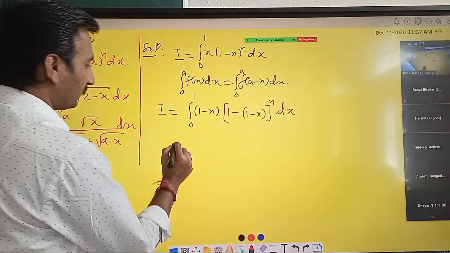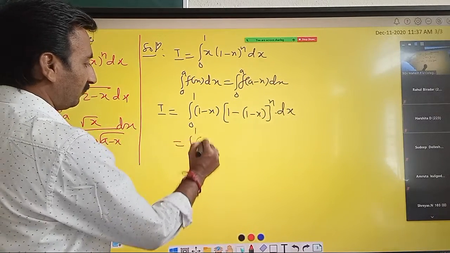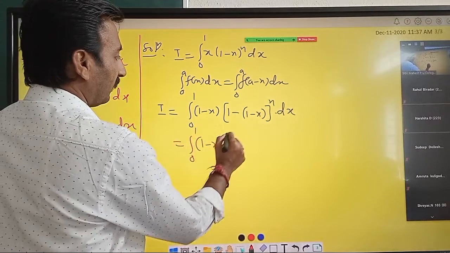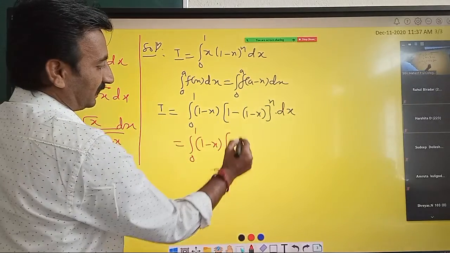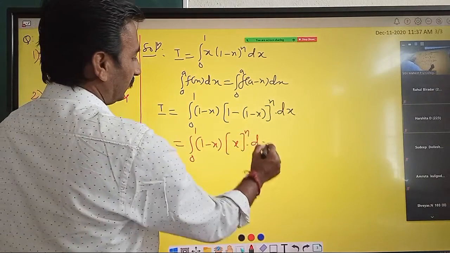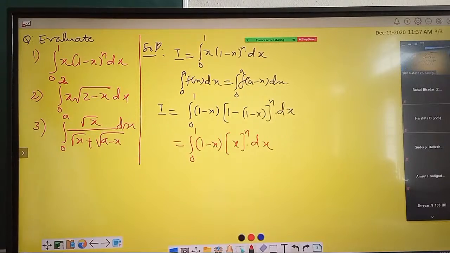Now look at this, this is integration from 0 to 1 of 1 minus x. Look at this, 1 minus 1 cancel, this is minus of minus 1 plus x whole raised to n dx. What exactly does it mean?